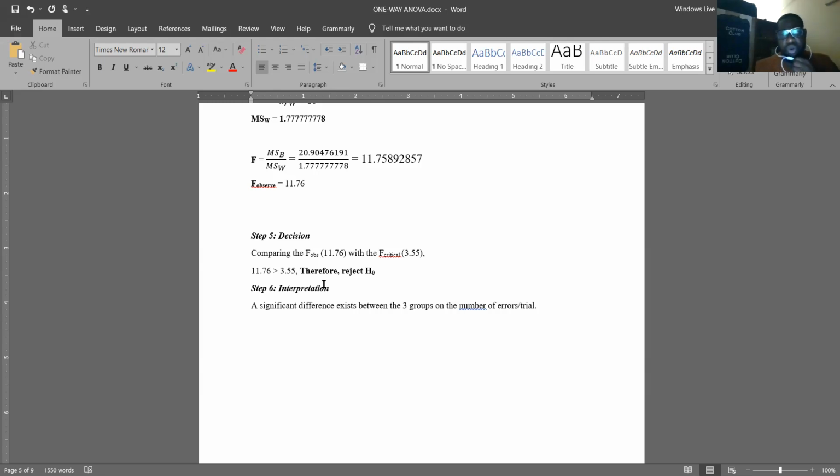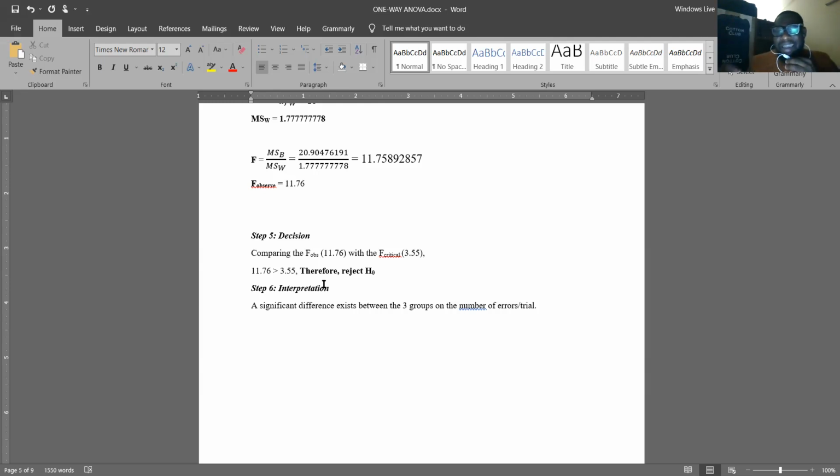Another thing you need to know is that after you've stated the interpretation, go back and find out, did they state the hypothesis, I'm talking about the question, in a directional fashion? Right now, you've rejected HO and you've indicated that there is a difference existing between the groups.